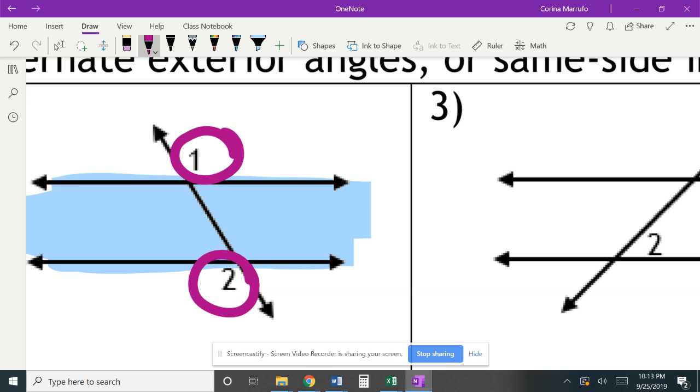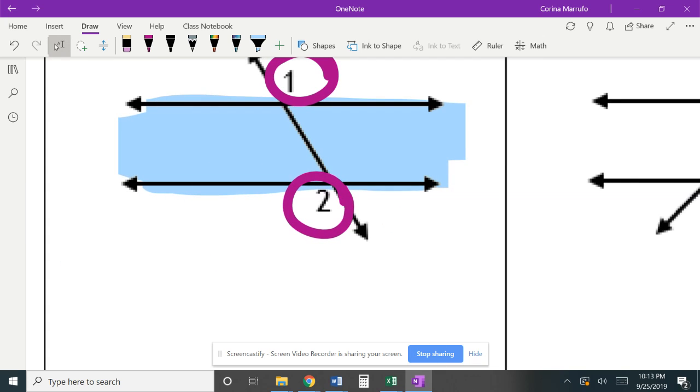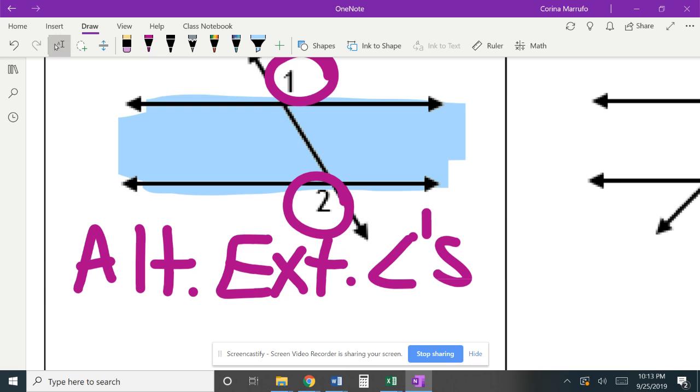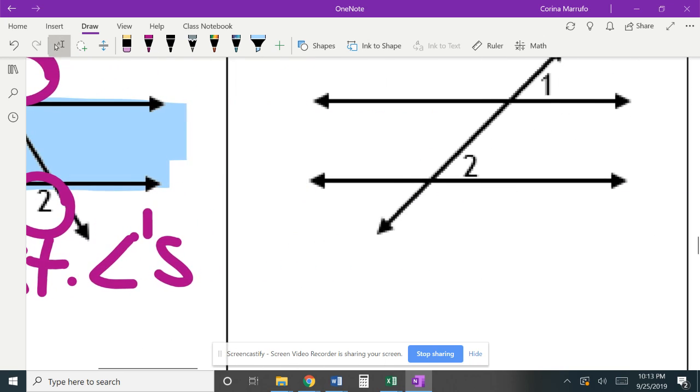They're also on opposite sides of the transversal, so this is going to be considered alternate exterior angles. I am going to abbreviate, it's too long to write the whole thing.